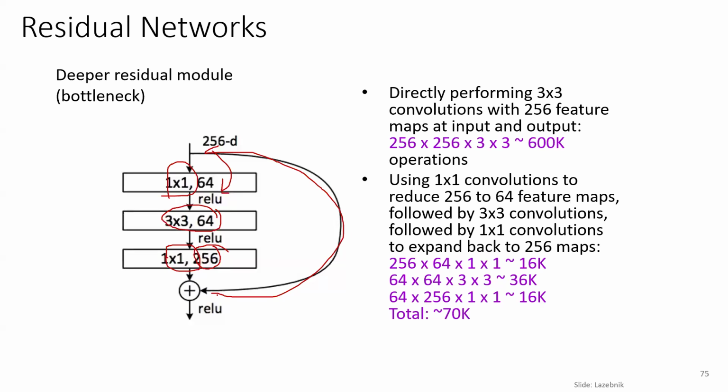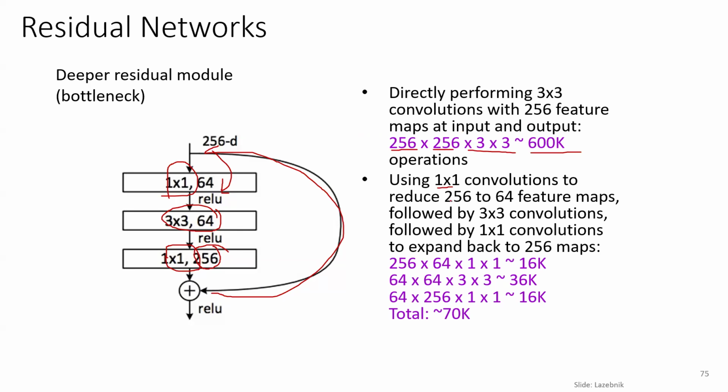There is a simple computation here, so I will briefly explain that. If you have a question, you can ask. Directly performing 3 by 3 convolutions with 256 feature maps at the input and output takes 256 times 256 times 3 by 3, approximately 600,000 floating point operations.